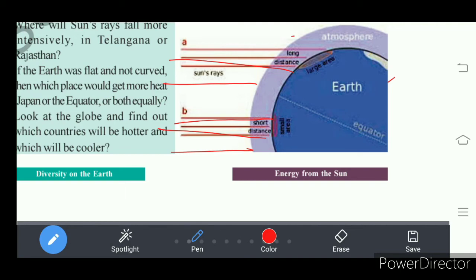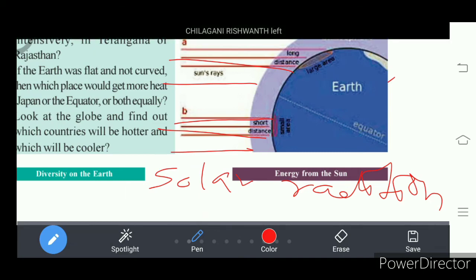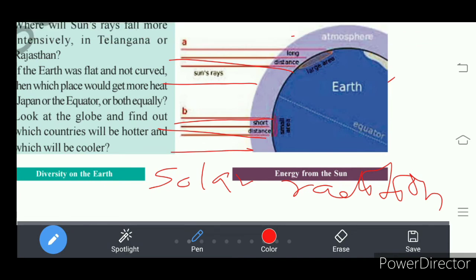The sun rays emitted from the sun are called solar radiation. What is meant by radiation here? When a body, a thing, gives energy out, that is called radiation.